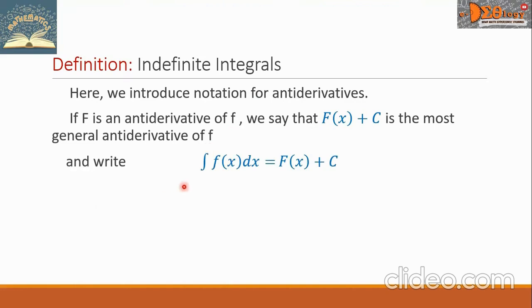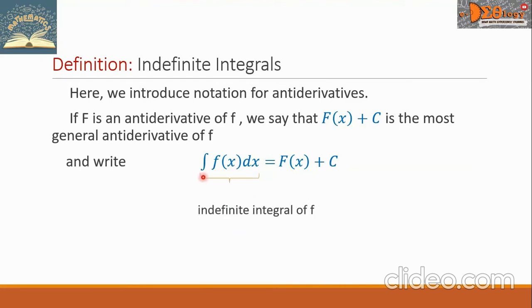And we write the integral of f of x dx equals capital F of x plus c. In this expression, the symbol here is what we call integral sign. The f of x is the function and we call it integrand. The variable x is the variable of integration.